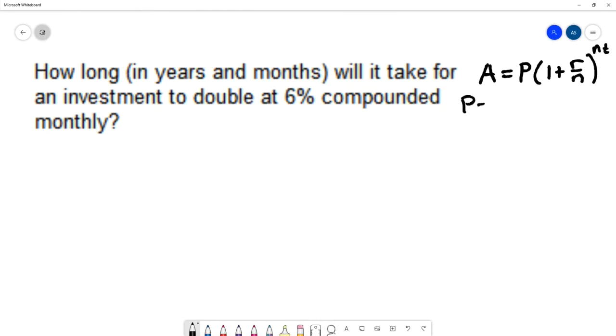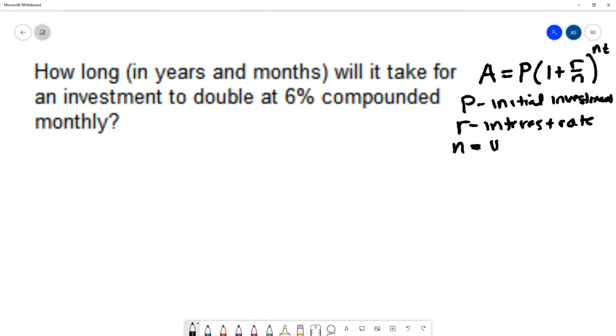P is your principal, which is your initial investment. R is your interest rate. N is how often interest is added into the account.